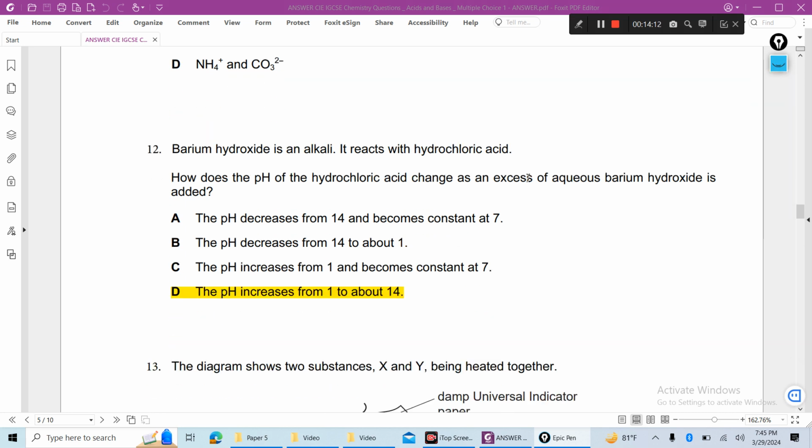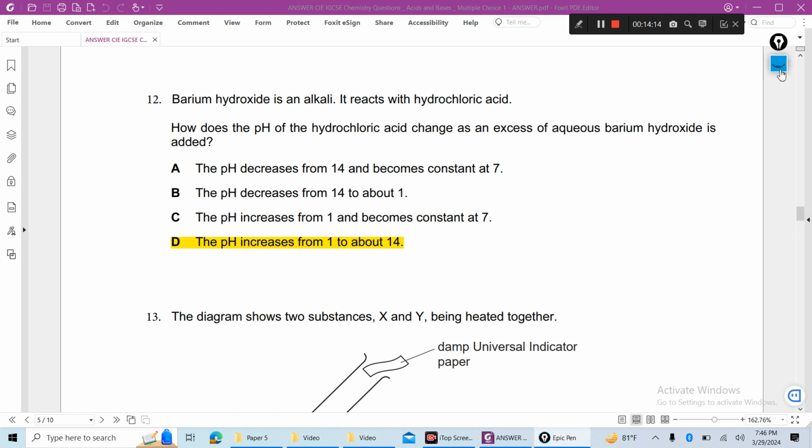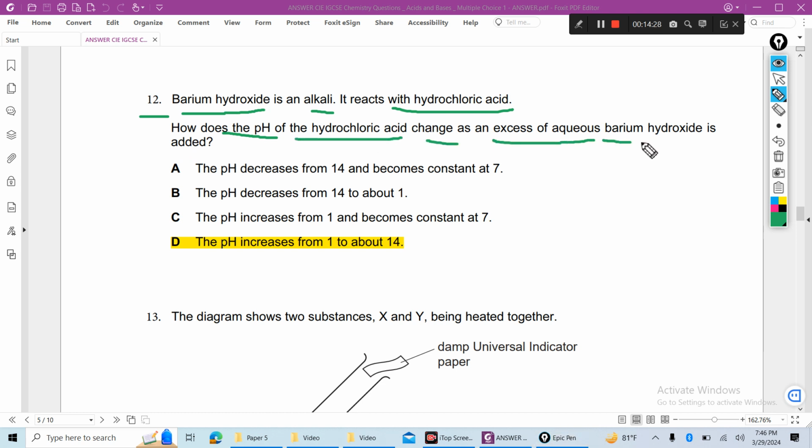Then 12. Barium hydroxide is an alkali. It reacts with hydrochloric acid. How does the pH of the hydrochloric acid change as an excess of aqueous barium hydroxide is added?